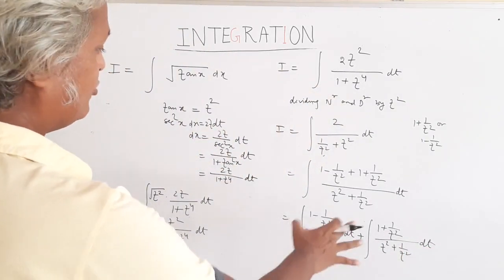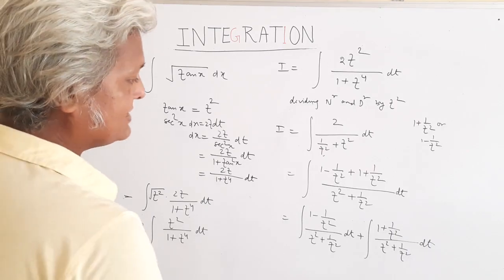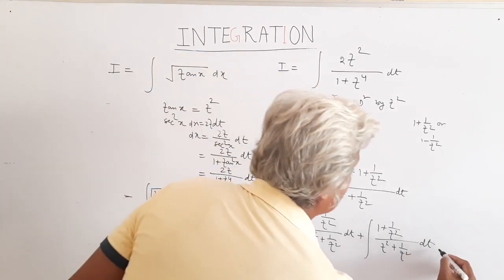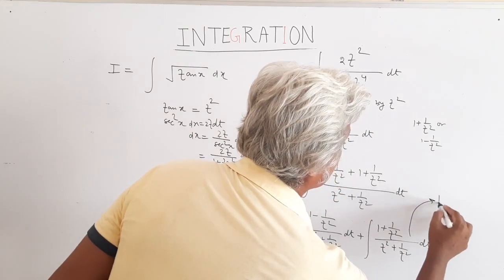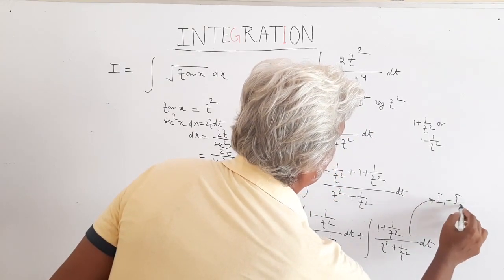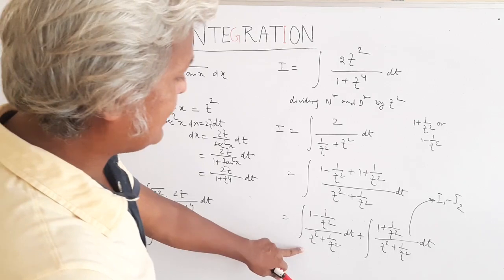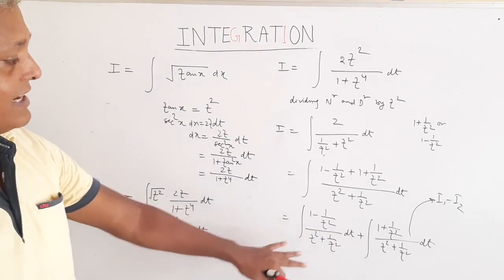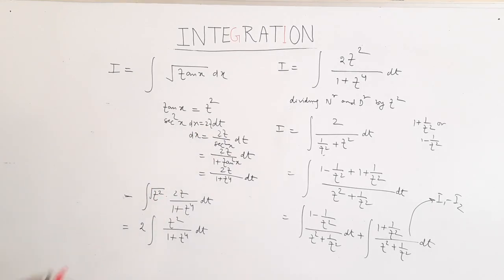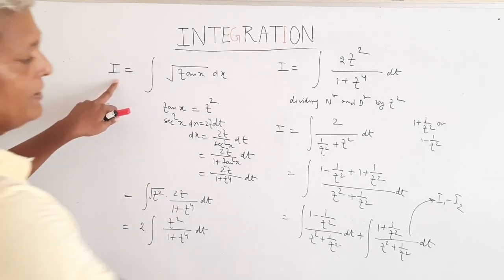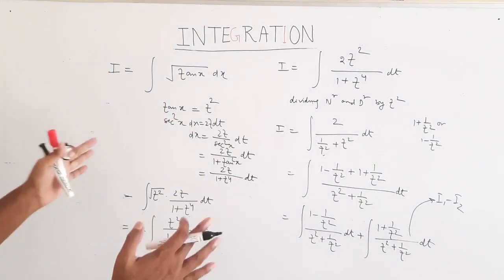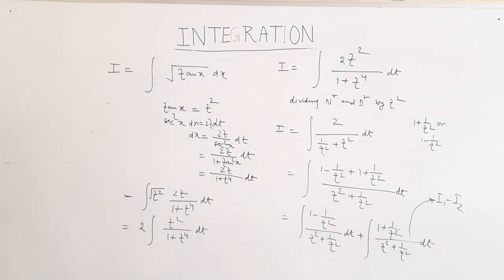Now I need to break these two, so I write them as I1 minus I2. So this is I1 and this is I2. So we will solve this I1 and I2 separately, and then our answer will become the difference of the integral values of I1 and I2. So again I need to clear the screen.